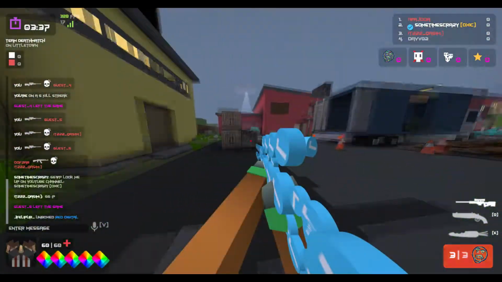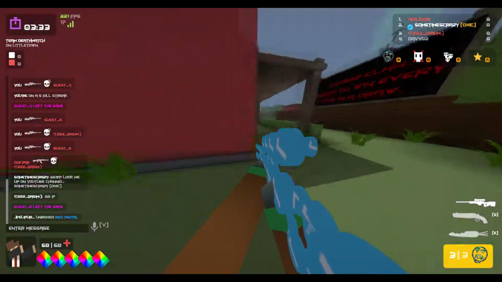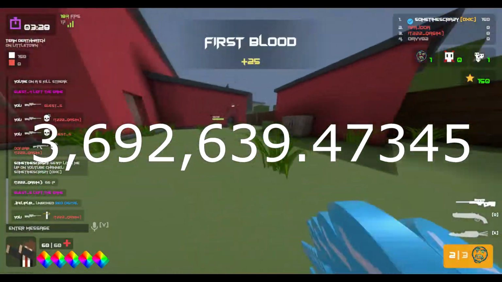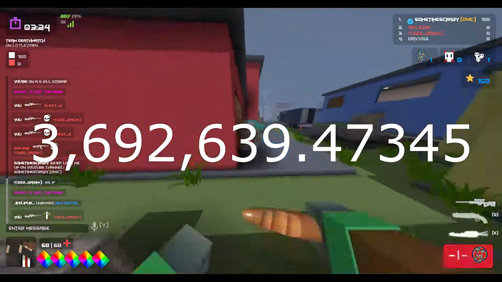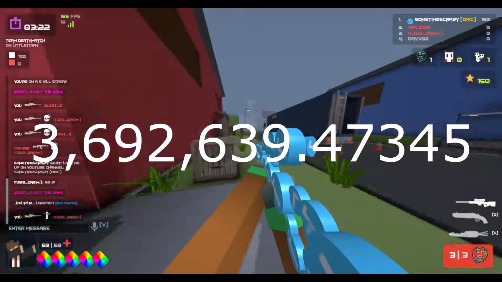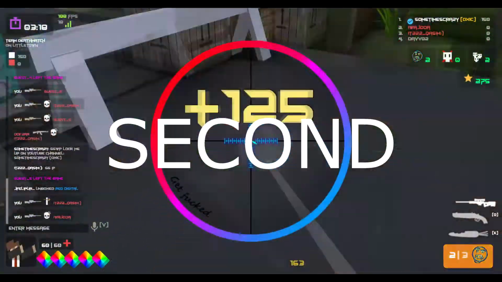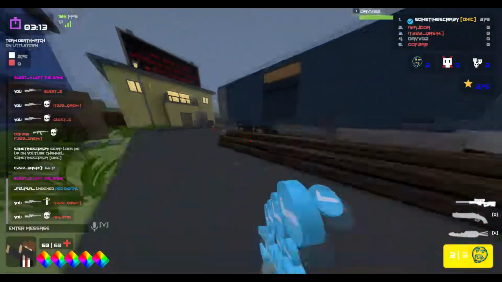This means that when Krunker guy pulls the trigger of that shotgun, he's releasing 5 pellets, which each travel at a speed of 3,692,639.47345 feet per second.